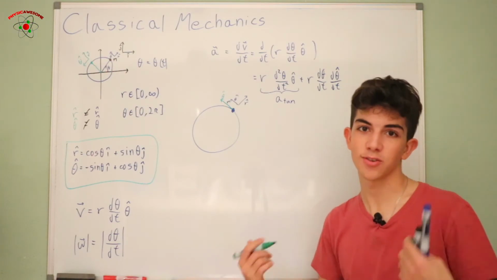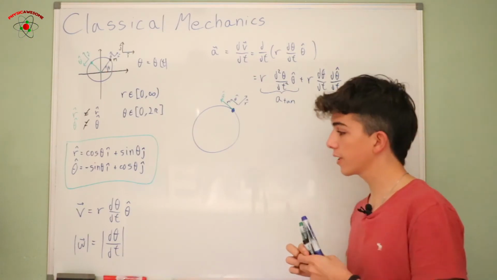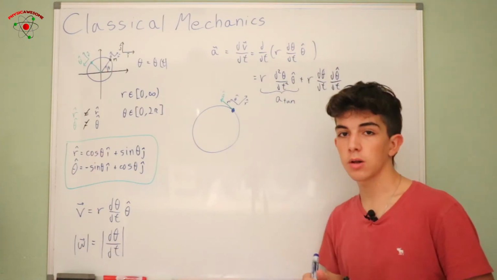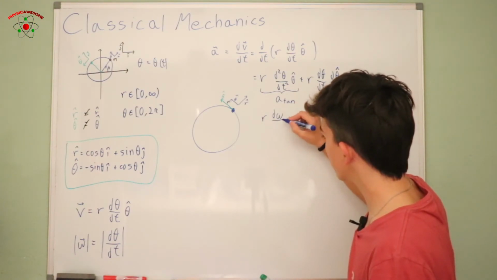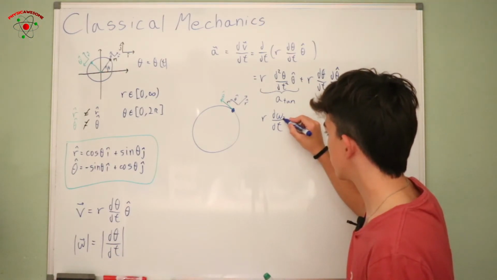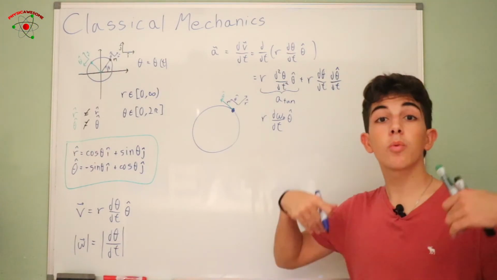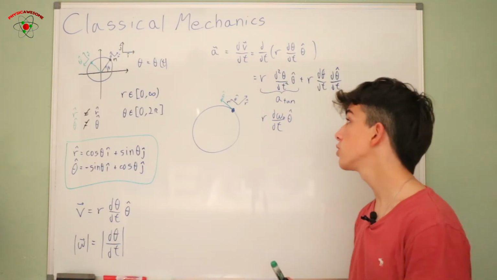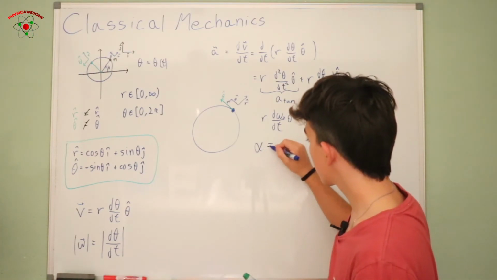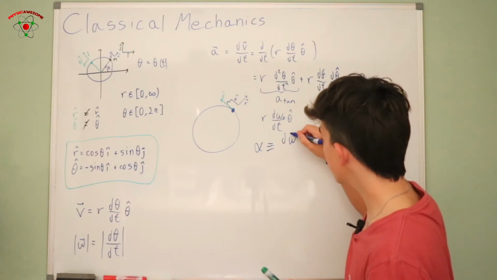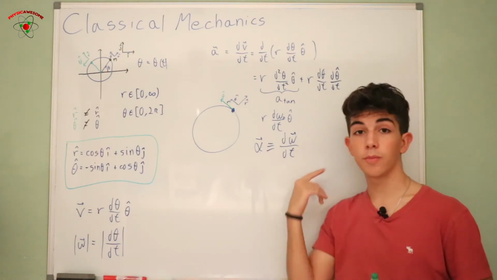Tangential acceleration, once again. We can see that this is another thing expressed in terms of w, that r times dw dt, in this case pointing in the theta hat direction. And we will define a new quantity that is going to be called angular acceleration, defined as the derivative of our angular velocity.